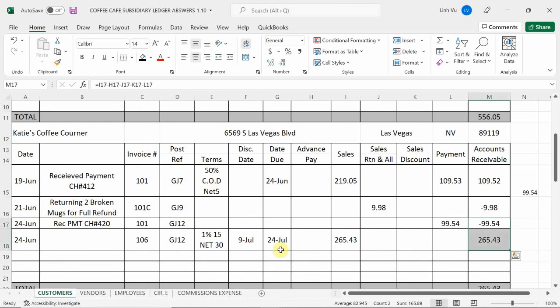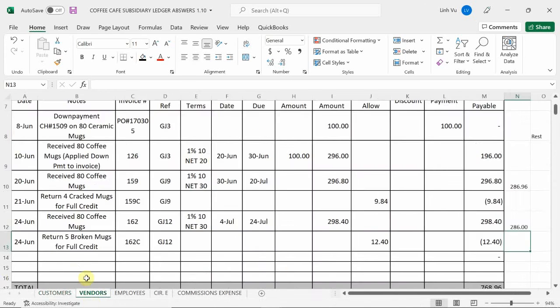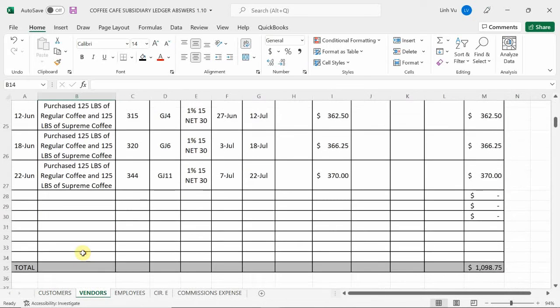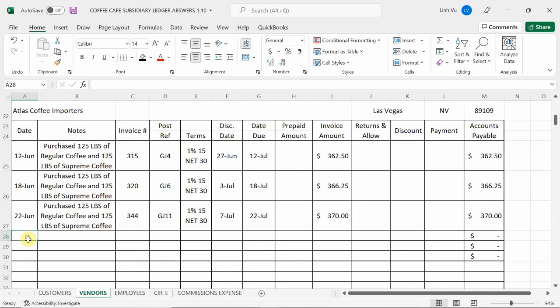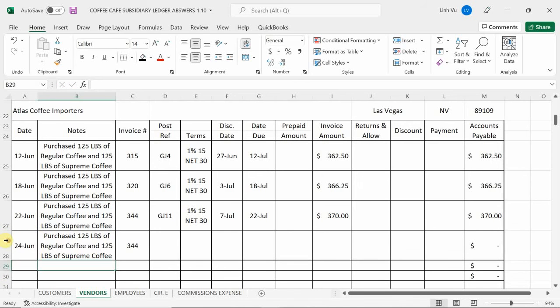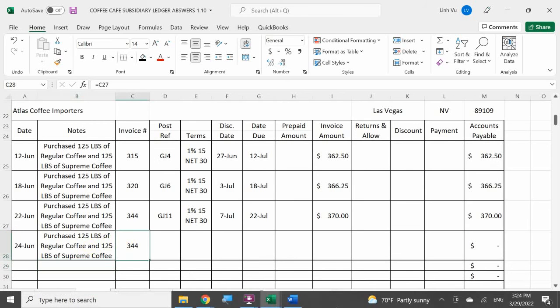So let's see. We're dealing with Atlas Coffee Importers. Here they are. It is the 24th, and we did receive 125 pounds of regular coffee and 125 pounds of Supreme Coffee.